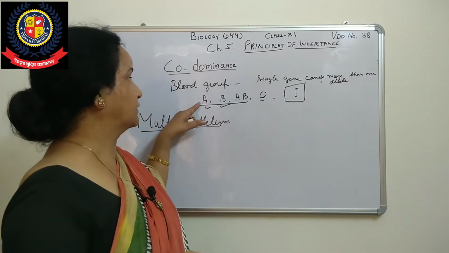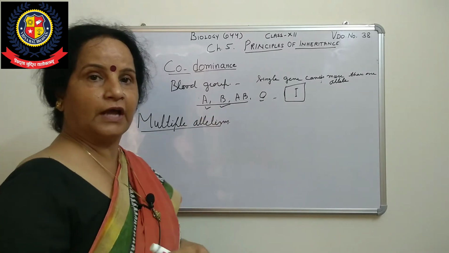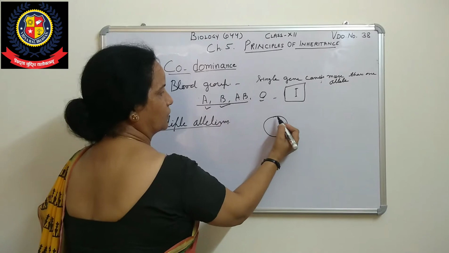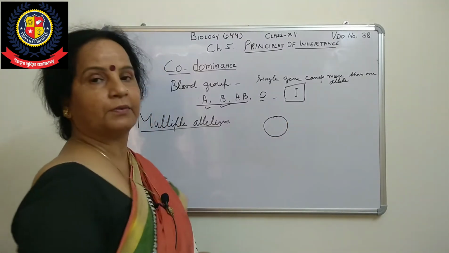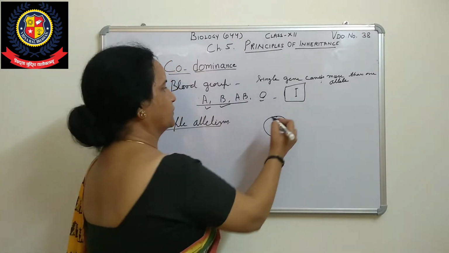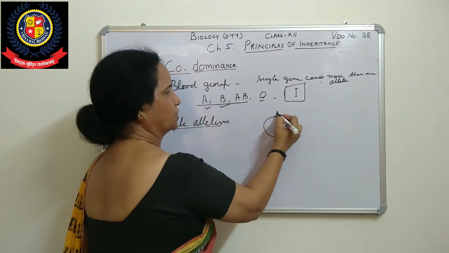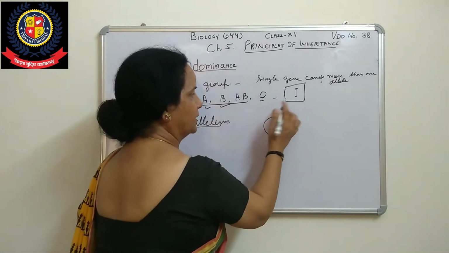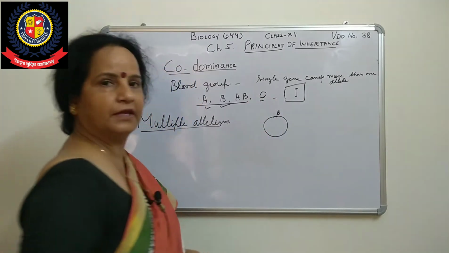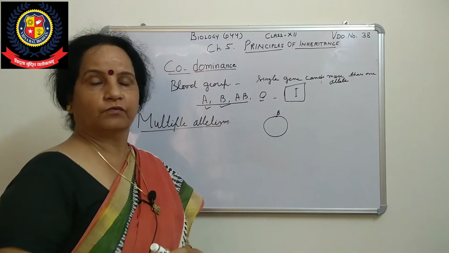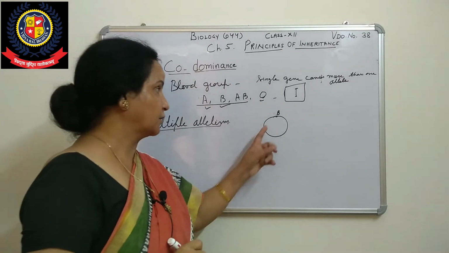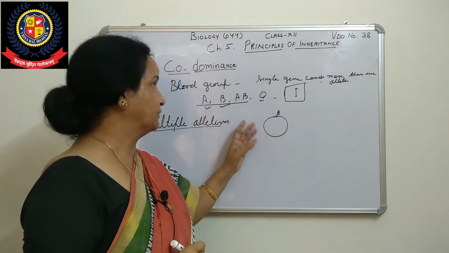You know why we say A and B: in the plasma membrane of RBC, there are some sugar polymers, and the name of that sugar is A, so that blood group we call A. If it is B, then it is called B. Due to the presence of a particular type of sugar on the surface of the plasma membrane, we give the name.